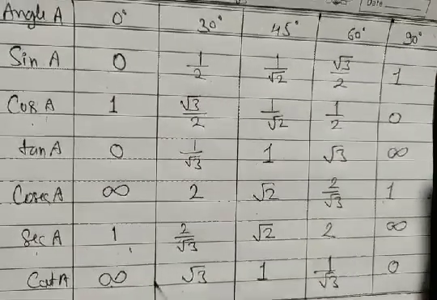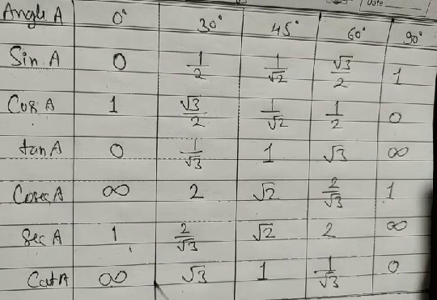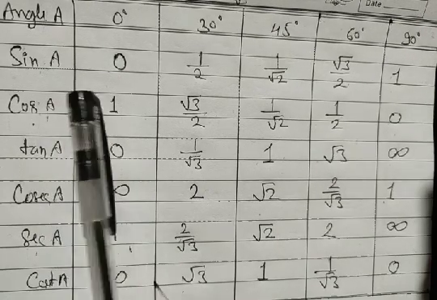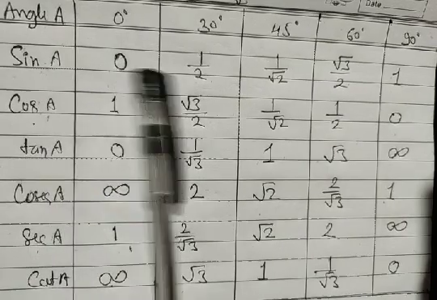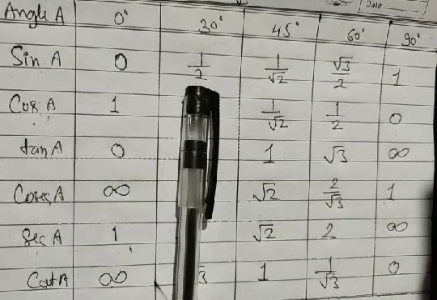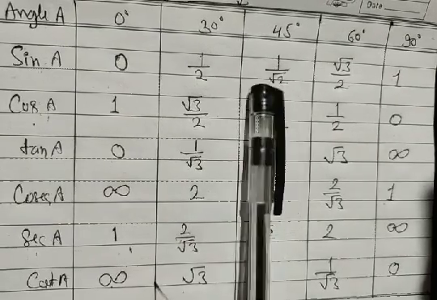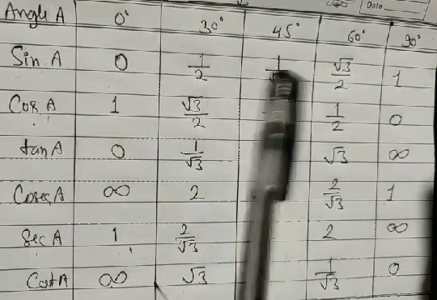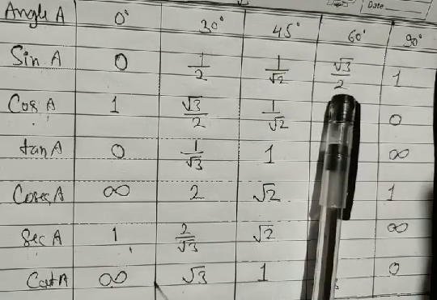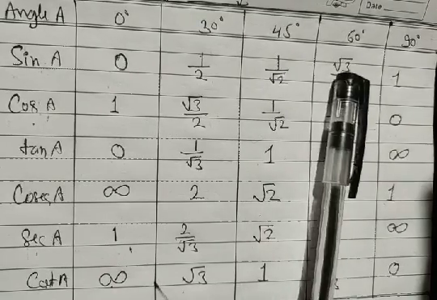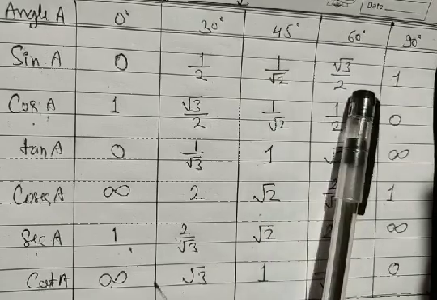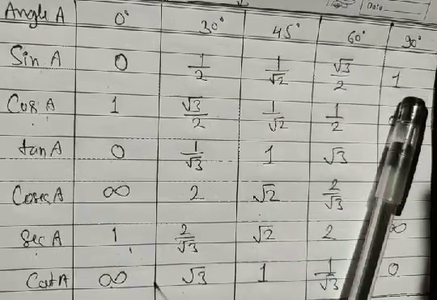First of all, look, one of the remarkable things here, keep in mind for your knowledge. Please see the values of sine. It's 0, then 1 by 2 which means 0.5, then 1 by root 2, which is 1 upon 1.414, greater than 0.5. Root 3 by 2, root 3 is 1.732 divided by 2, greater than the previous value, and then we get 1.